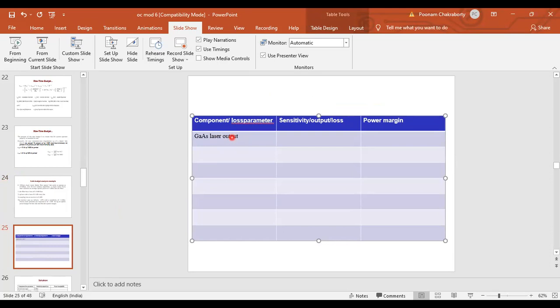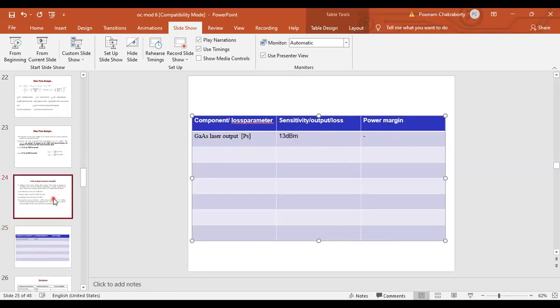So that is my PS. Whatever is in the question, first I will enter the data. And how much power is mentioned? 13 dBm. Power margin, you keep it blank. Right now I'm just entering the data. So GaAs laser output PS is 13 dBm.